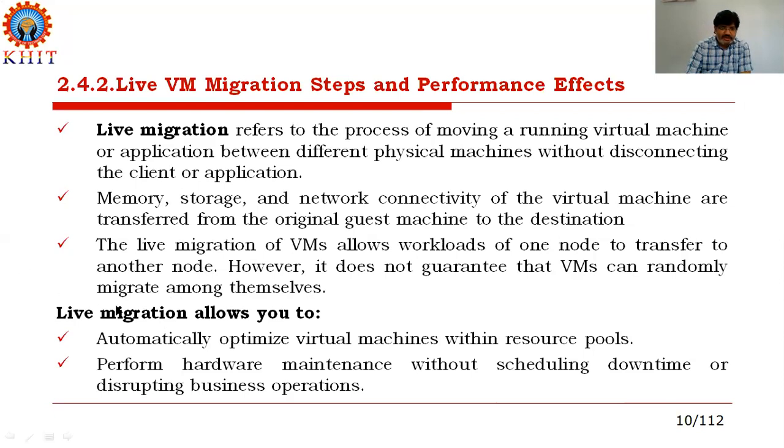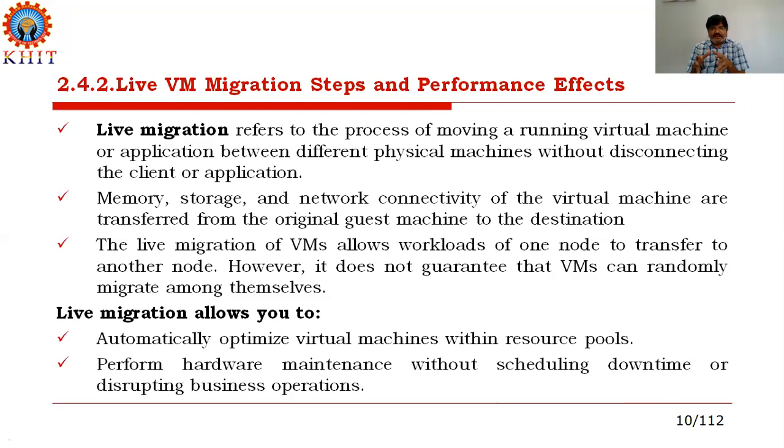So live migration allows us to perform some activities like automatically optimizing virtual machines within resource pools. Resource pools means a collection of resources like memory resources, storage resources, and network resources. We can pick the optimized one, which one is very active, which one is very useful, which one is better.